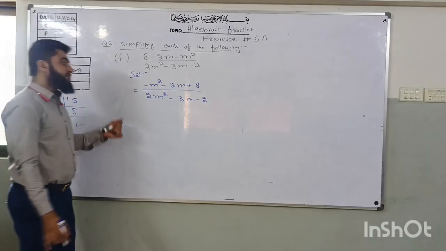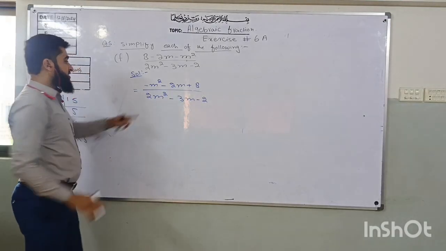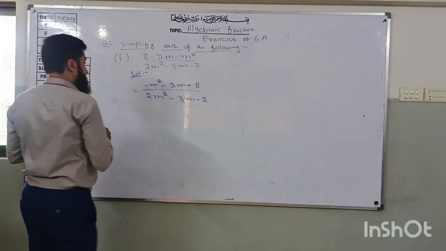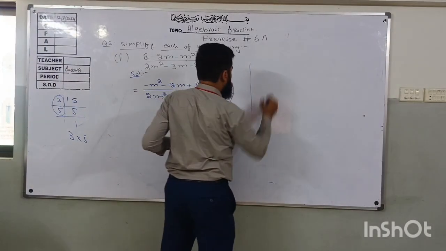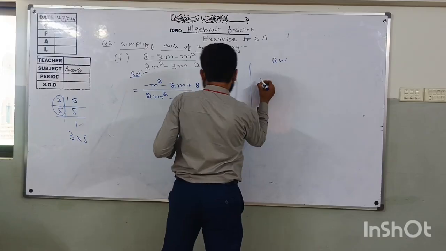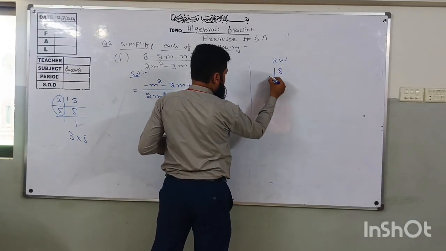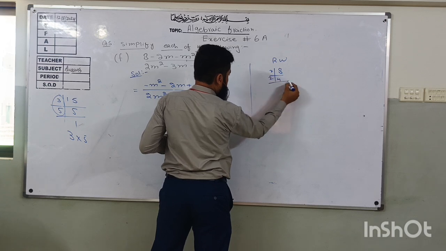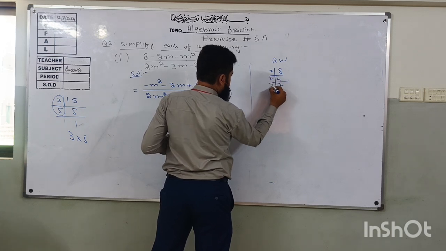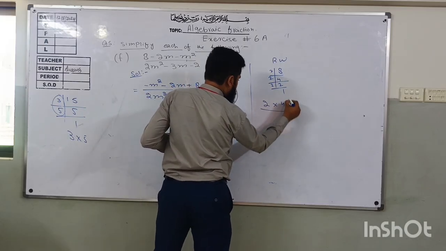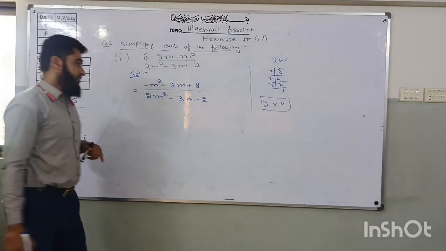We will apply middle term making again. 8 × 1 is 8, we need 2. You know very well, here is the rough work. Factors of 8: 2 × 4 is 8, 2 × 2 is 4, 2 × 1 is 2. So 2 multiplied by 4 is our required factor.